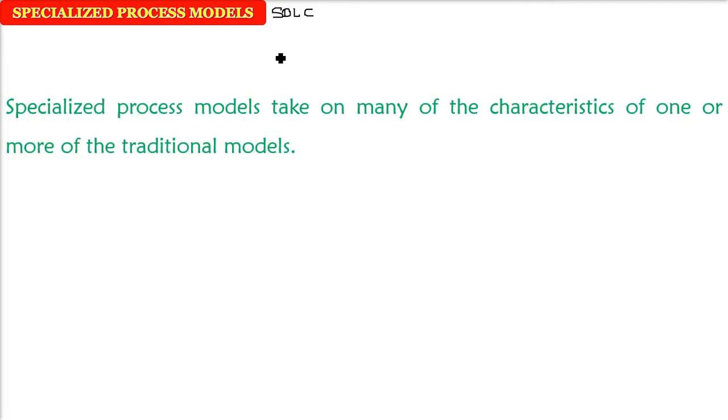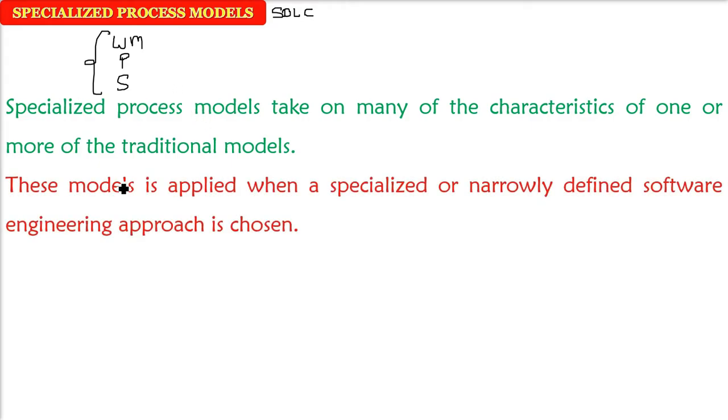Specialized process models. We have the waterfall model, spiral model, prototype. We talked about all these. But what are these specialized process models? These software development life cycles will be employed for some specific cases, not for every general case. These specialized process models take the good characteristics, or many of the characteristics, of different traditional models, say from the waterfall model, from the spiral model, like this.